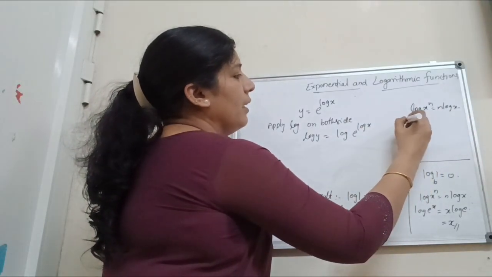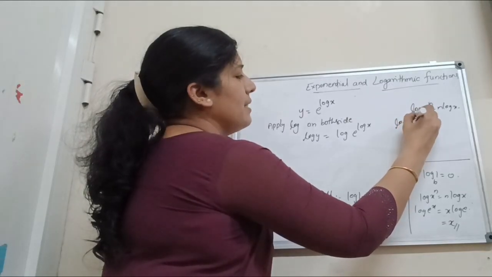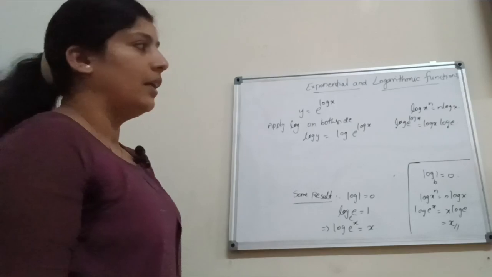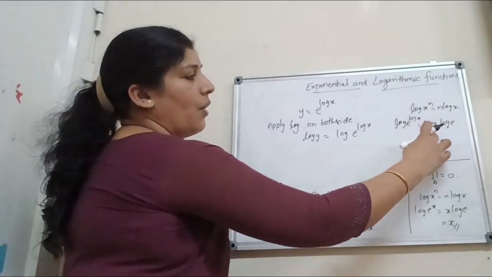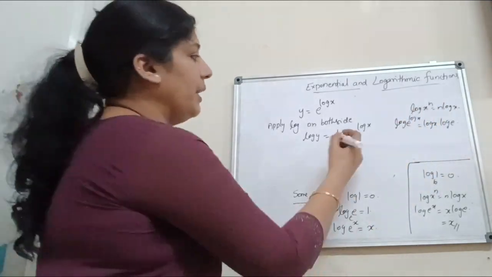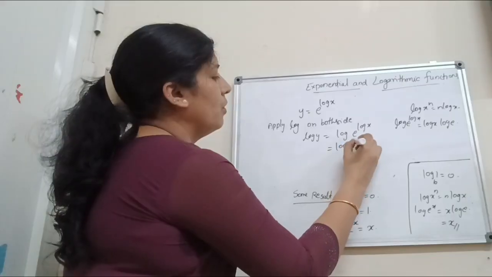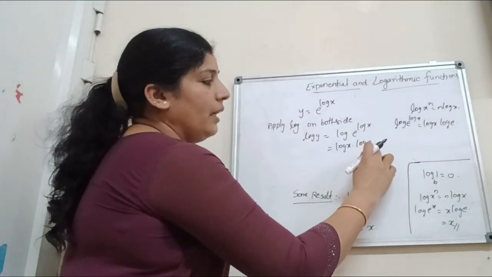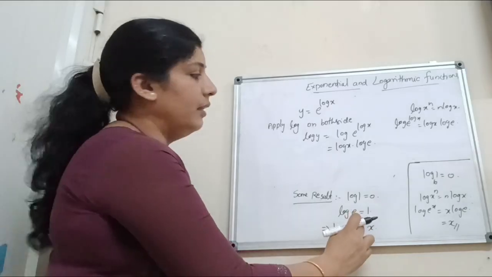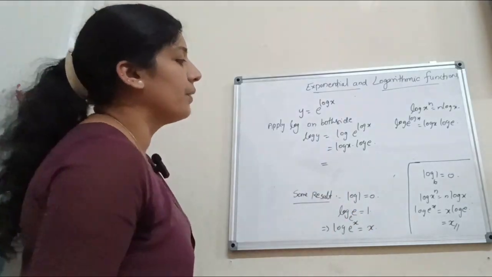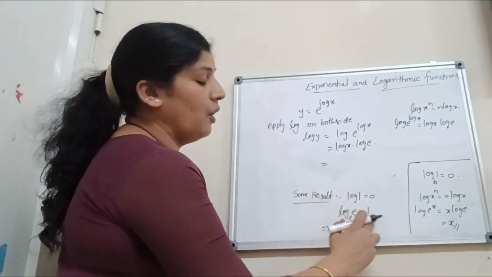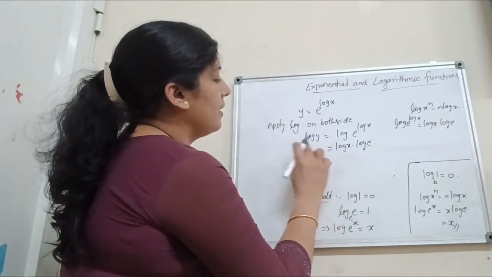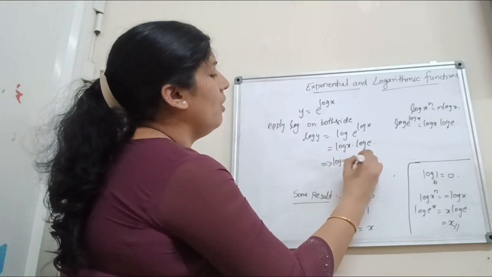Therefore, log e raised to log x can be written as log x into log e. We know that log e is equal to 1. Therefore, log y equals log x into log e, and since log e is 1, it implies log y equals what?